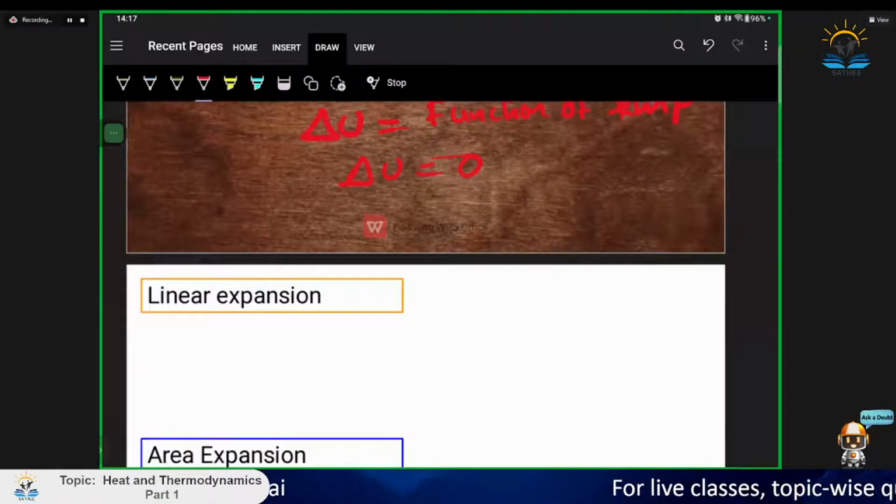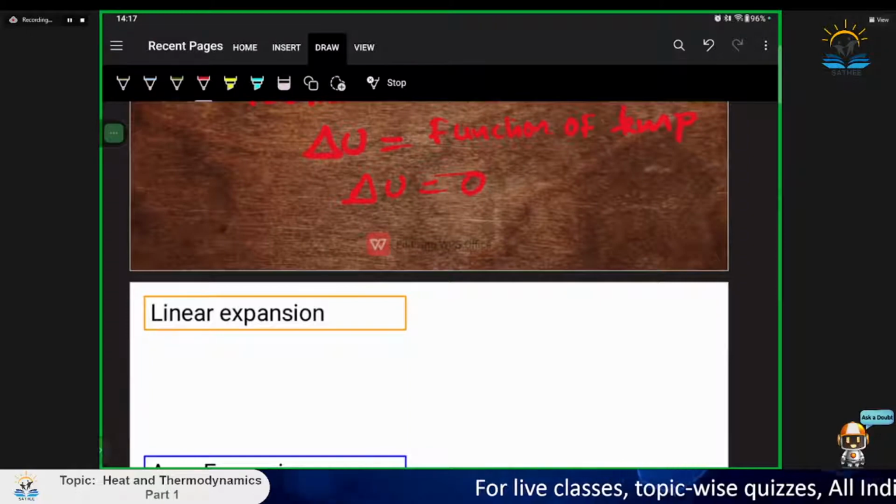That equation is for a temperature scale, I'm writing here.